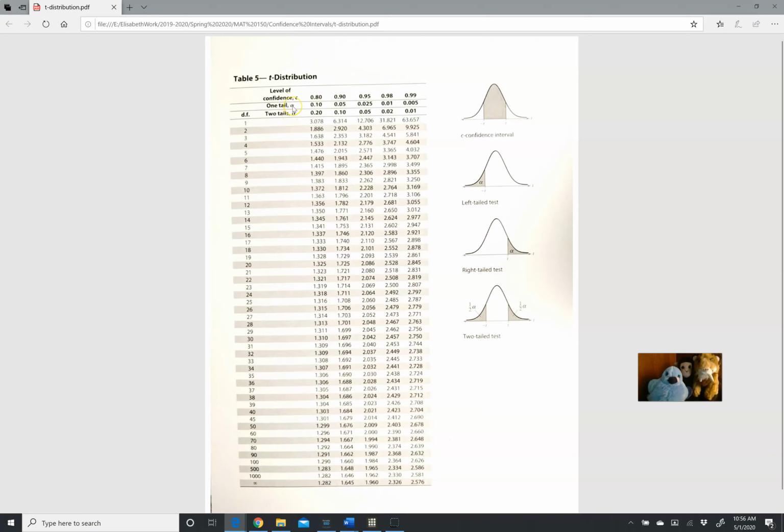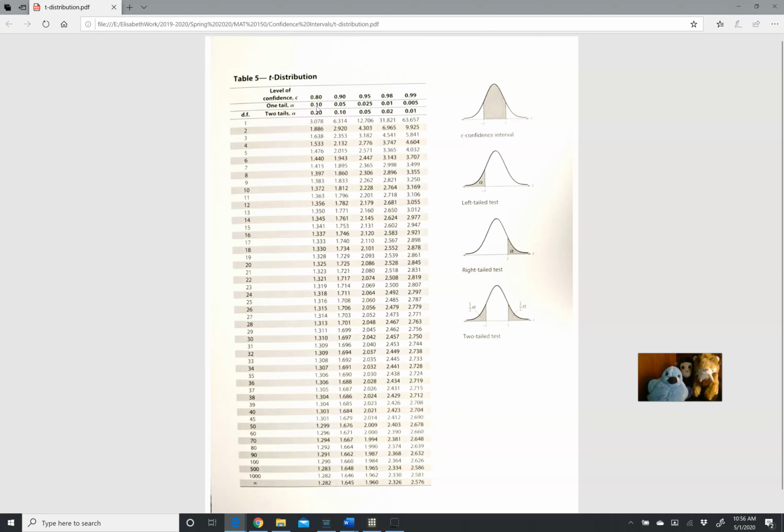So for the left tail test and the right tail test, you're going to be looking at these top numbers, at the 0.10, 0.05, 0.025, 0.01, and 0.005. And for the bottom, for the two-tail test, you're going to be looking at this bottom row. So you're looking at the 0.2, 0.1, 0.05, 0.02, and 0.01. Okay, that's what they're saying that you should do.